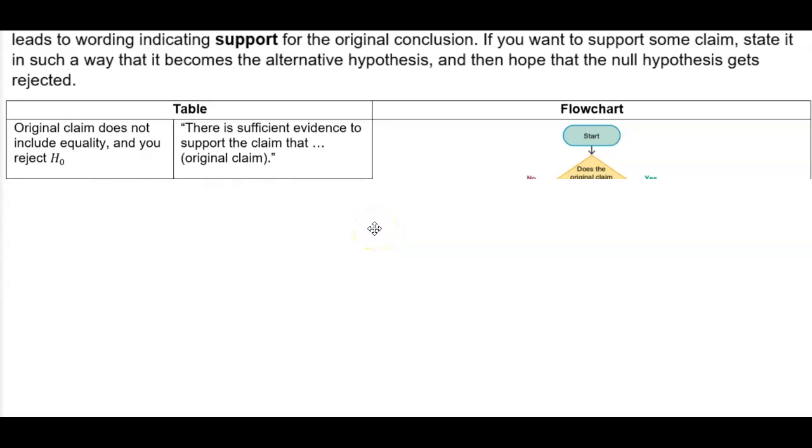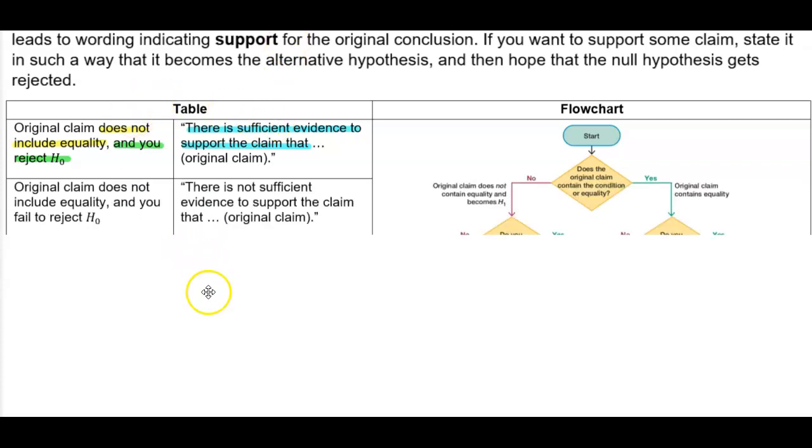Okay, so here's the first scenario. If the original claim does not include the equality sign, meaning the equal sign, and you reject the null, then we would say that there is sufficient evidence to support the claim that, and then you would write the original claim.